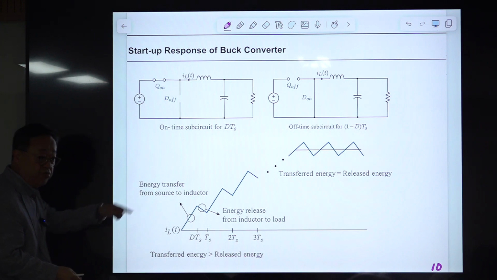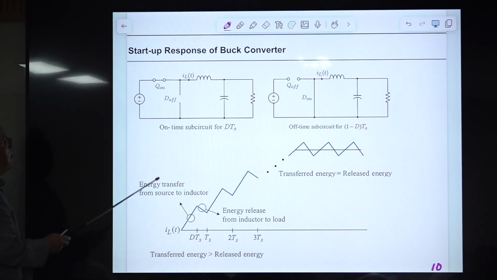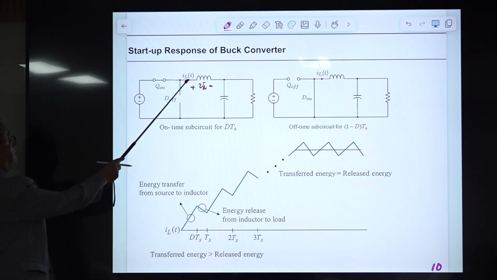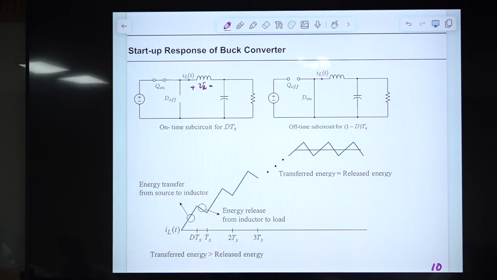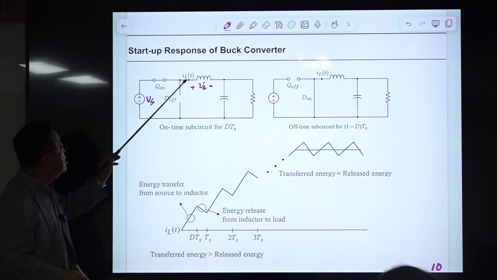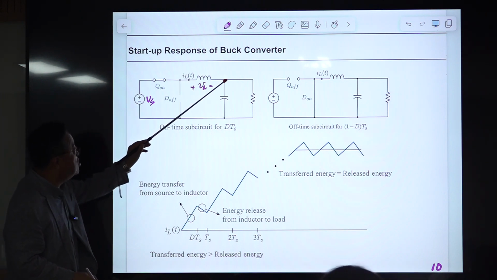Okay, continuing that, there is a capacitor and there is an inductor. This inductor is a very critical component for the operation of the buck converter. Without the inductor, there is no buck converter. So we have the inductor, and the input voltage is Vs, and the output voltage is Vo.